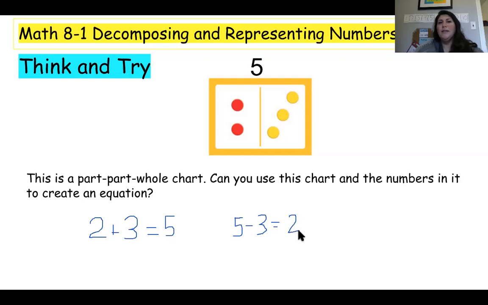There's even a way to look at this where we take the whole and we just think about decomposing it or breaking it apart. That's what I like to say. So I take my whole and I break it apart. So when I break it apart, I might get something that looks like this. 5 equals 2 plus 3. All of these are correct answers. So there are even more. So I hope that you just found a way to work it out on your own.